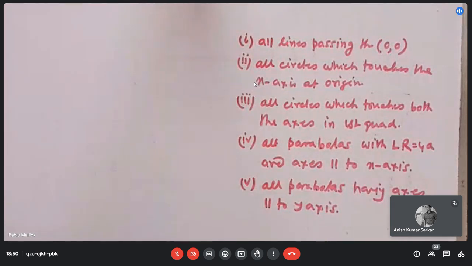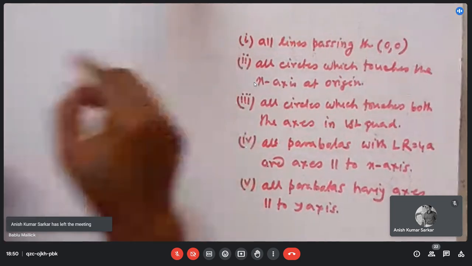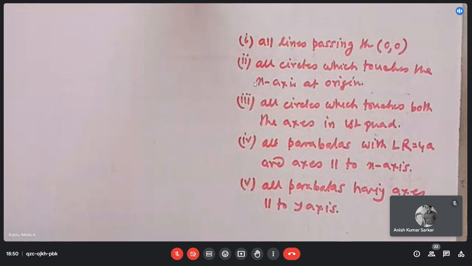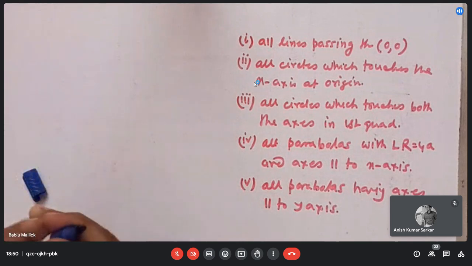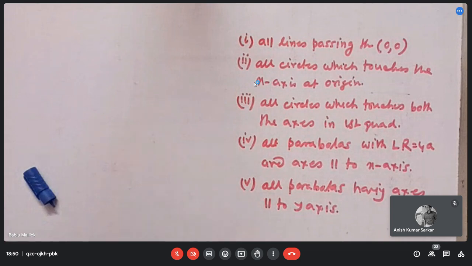I have written 5 problems. We shall find the differential equation of all lines passing through the origin. The second question is: we shall find the differential equation of all circles which touch the x-axis at origin.